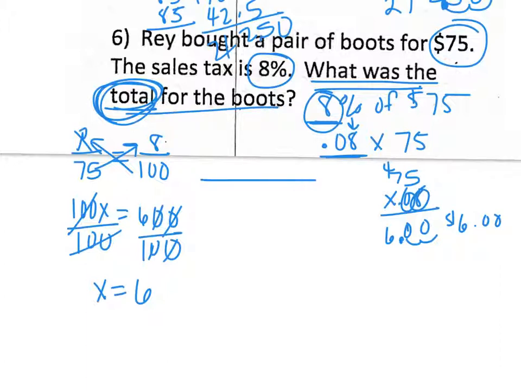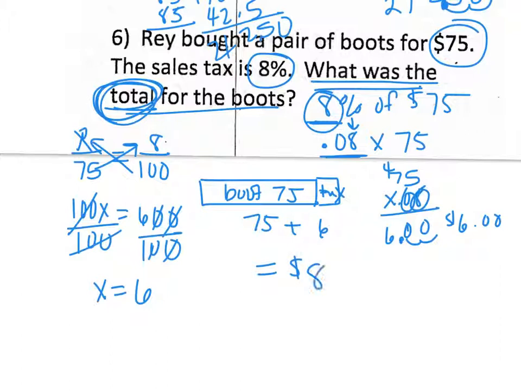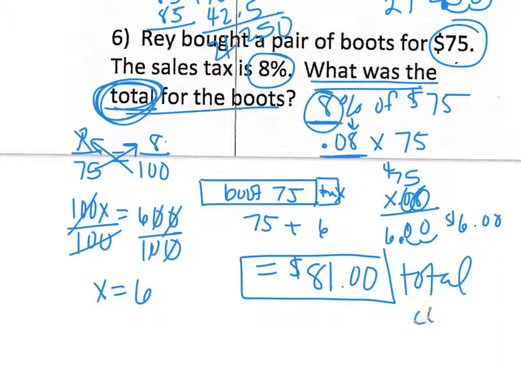If you remember when we were doing the diagrams, we know our boots are 75. The tax gets added on. So we need to have the 75 plus the $6. The total cost is $81. Remember, money goes to the 100 spot. This is the total cost.